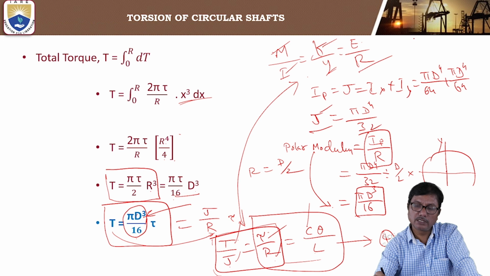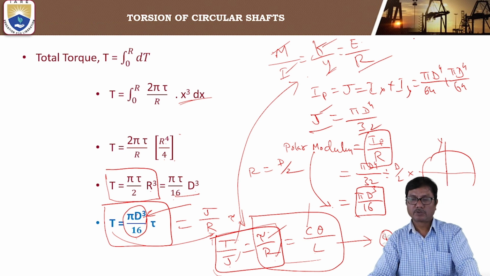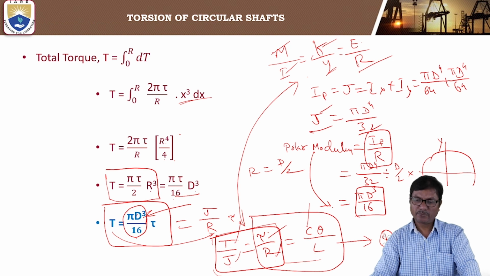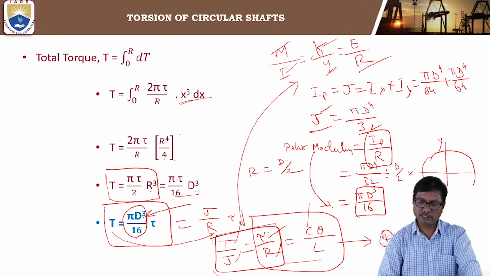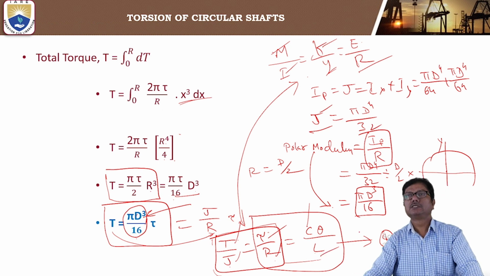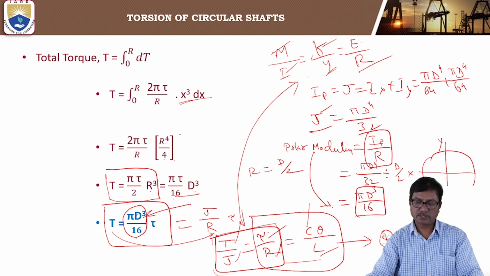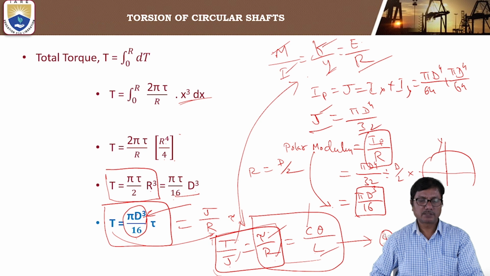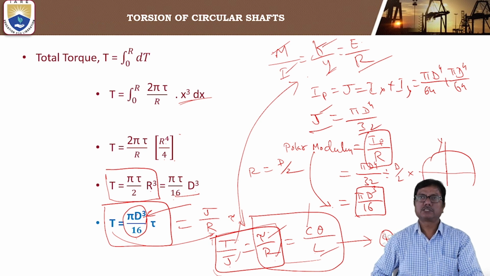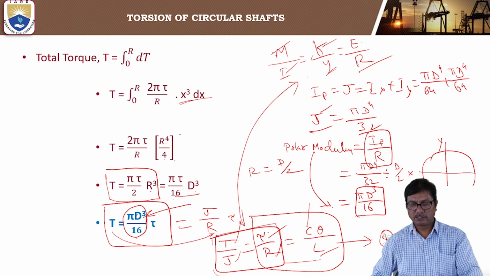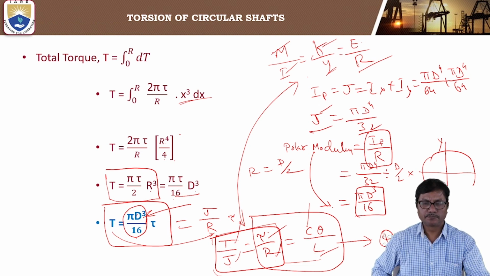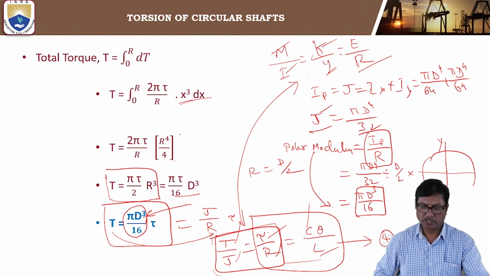Okay, and R is the radius of elastic curve, and here L is the length of the shaft. So this is the relation which is the governing equation actually in case of circular shafts.